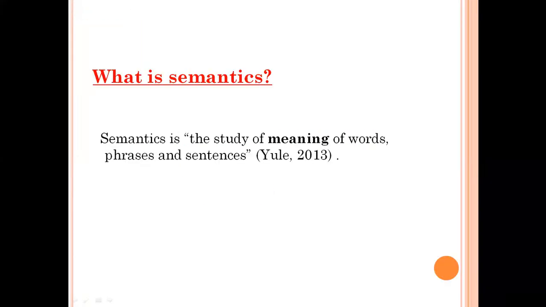What is semantics? Let us first define semantics. Semantics is the study of meaning. Semantics studies meaning. Meaning of what?